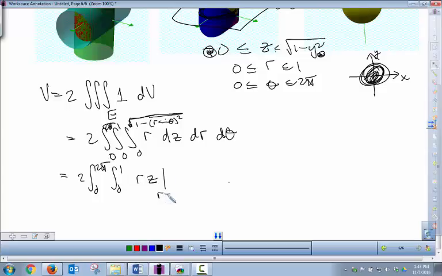And our z limits are going to go from 0 to this whole big thing. Right? And then we'll put this in for z.